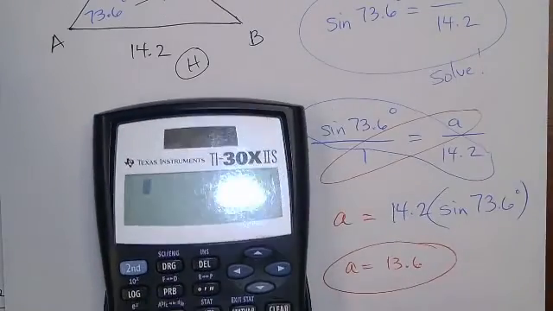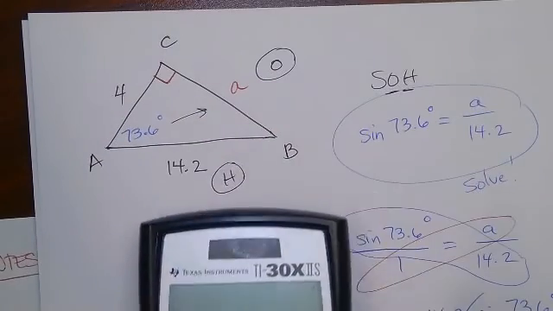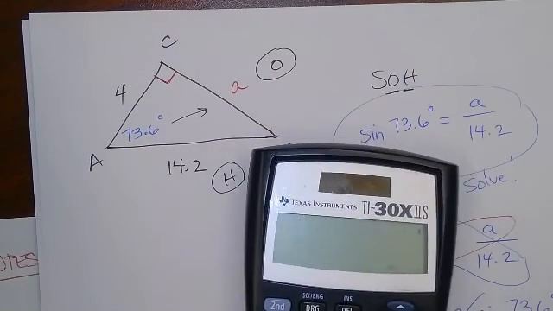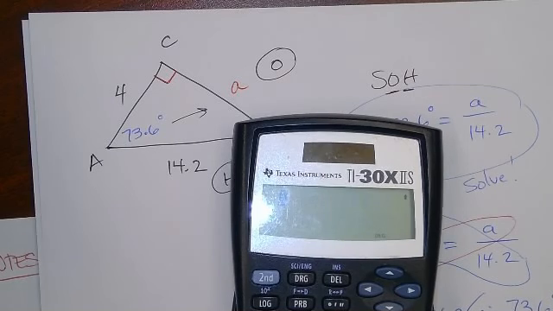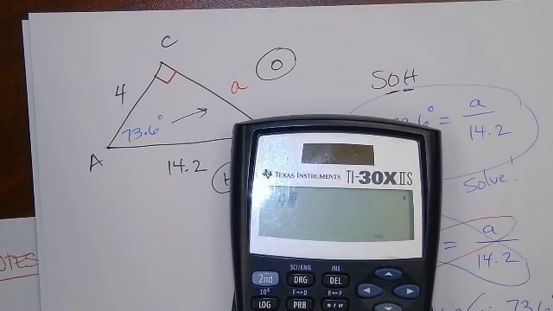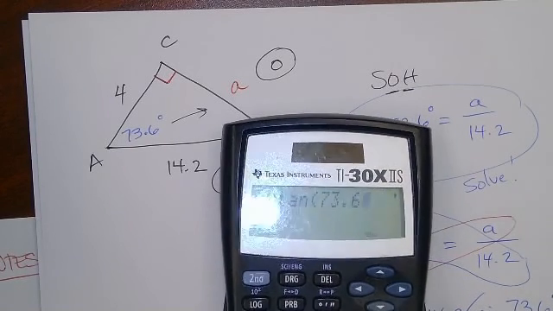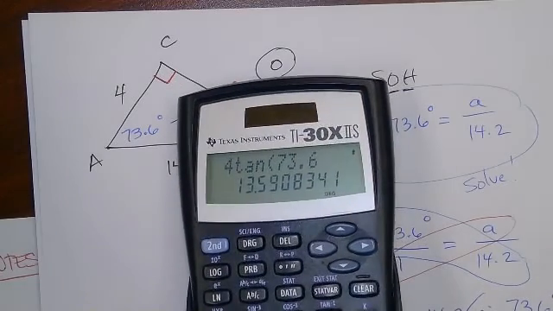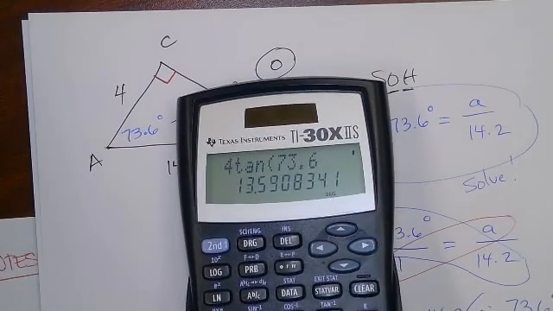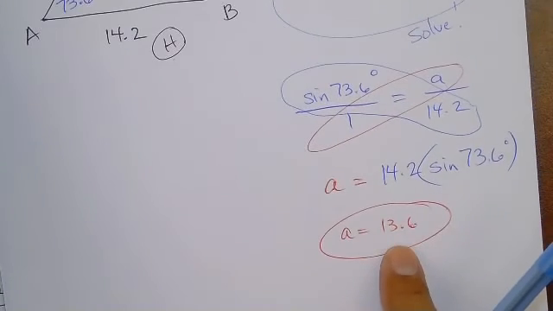All right, what if we would have used opposite over adjacent? That would have been tangent. Let me just check that real quick. That would have been 4 tangent of 73.6. I'm just checking if we would have got the same answer if we did it the other way. Do we get the 13.6? Yeah, we still get 13.6, right?